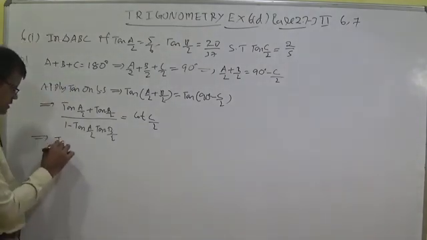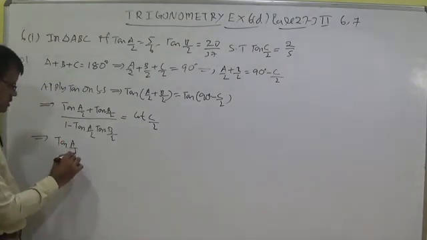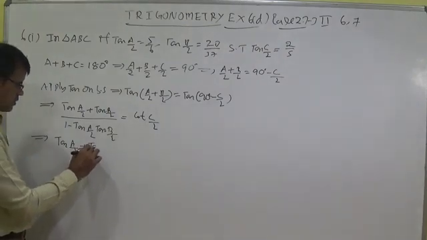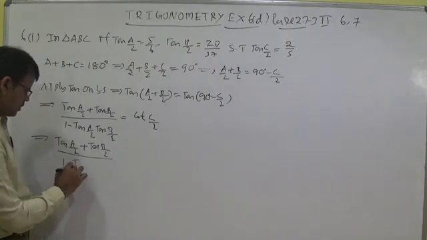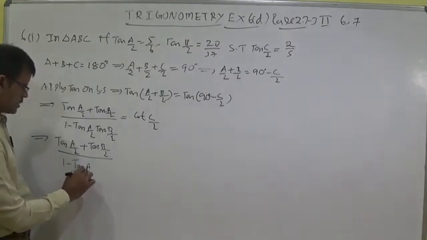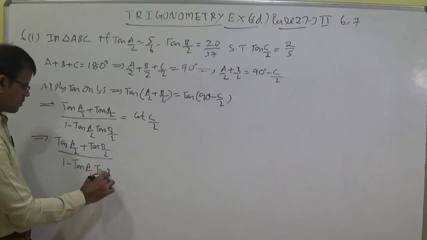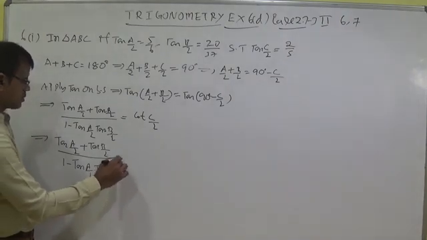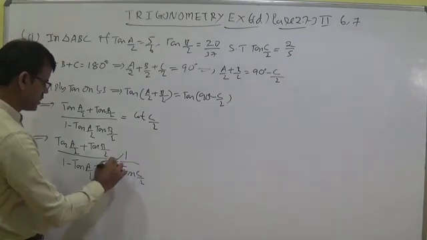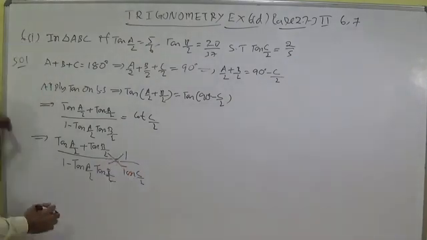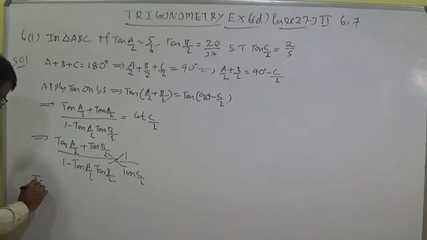Of course, I am discussing the proof once again with you; I already said this proof. So tan A by 2 plus tan B by 2 by 1 minus tan A by 2 into tan B by 2 is equal to cot theta, which can be written as 1 by tan theta. Cross multiply.